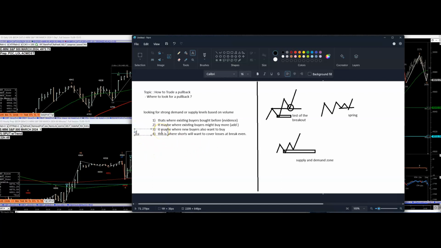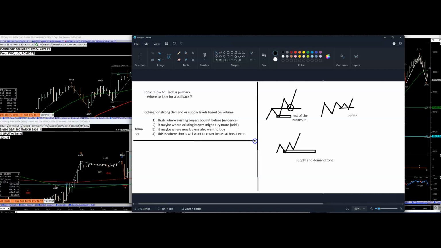This, I guess, if you were to classify, is fear-based. FOMO will be where new buyers want to buy, they're getting a pullback opportunity, and existing shorts want to exit because they don't want to lose money. All right, so I'm done with this, and I think I've explained it simply to understand.